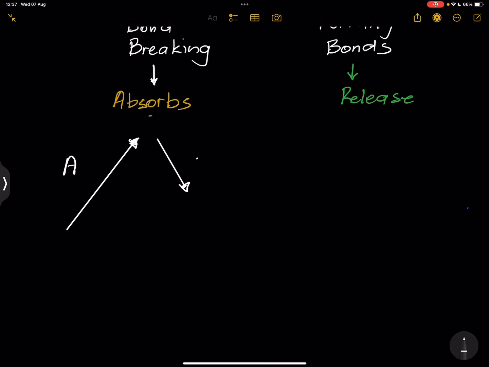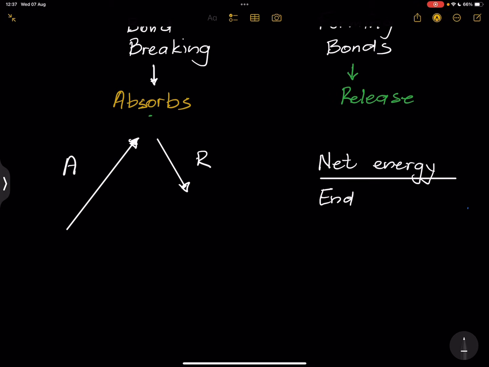If we are absorbing more than we are releasing, then it means that the net amount of energy that we will have is energy that is absorbed. As a result, we call this an endothermic reaction.